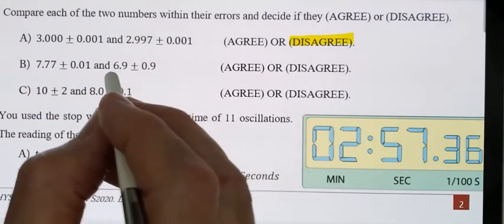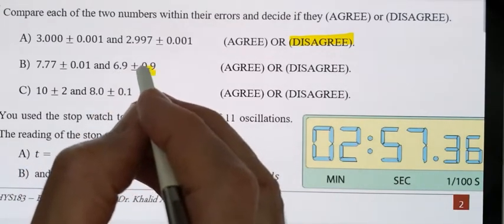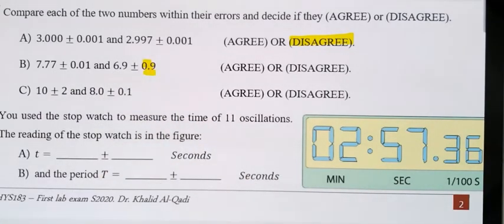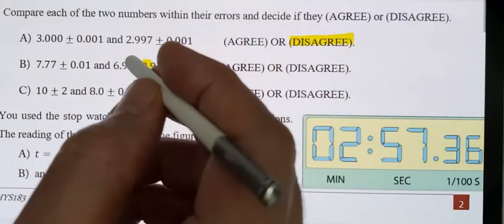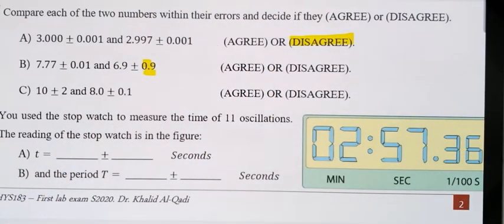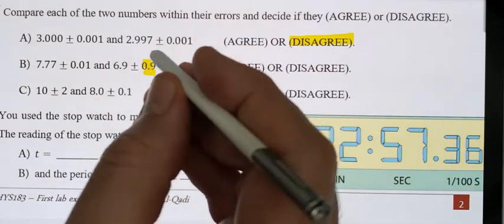However, this error will just be between 6.8. So 6.9 plus 0.9, that is 7.8.